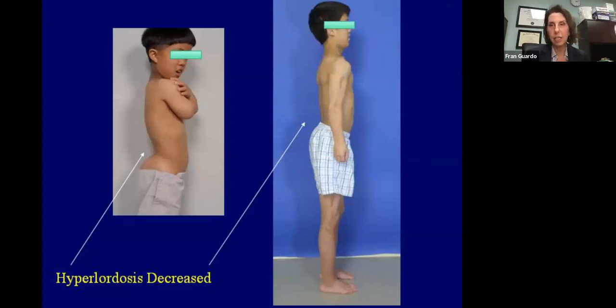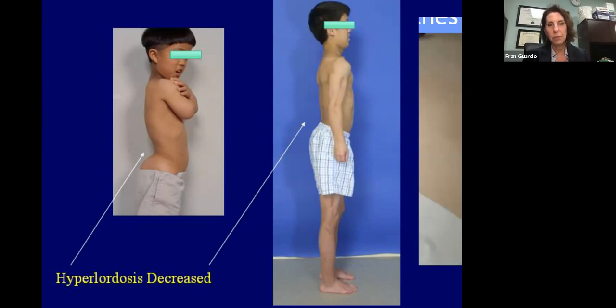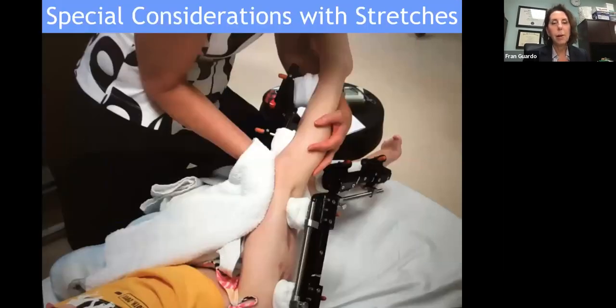Sometimes just a lengthening in and of itself, because the hamstrings become a little bit tighter, can also take care of it. But as you're lengthening, also the anterior muscles can become tight too, and so that sometimes does not help.